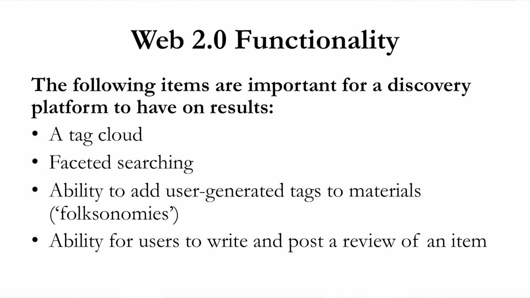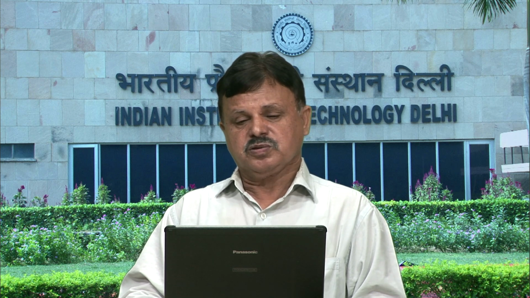Web 2.0 allows sharing of resources across social media and various other platforms. So, this functionality should be part of the discovery system, where you can share your resources, tag, and also provide comments and observations, so that some kind of reviewing is possible through your discovery system.